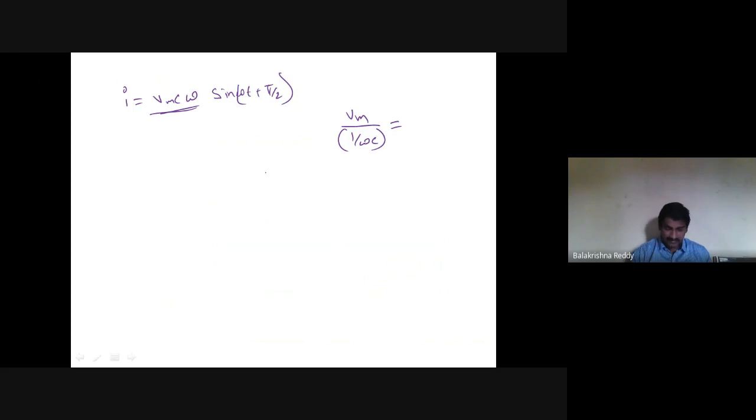What is that? V equal to IR, we know, therefore I equal to V by R. In the same way here, I equal to Vm by 1 by omega C. 1 by omega C is nothing but the capacitive reactance, the resistance in the capacitor, so Vm by XC we call it simply.